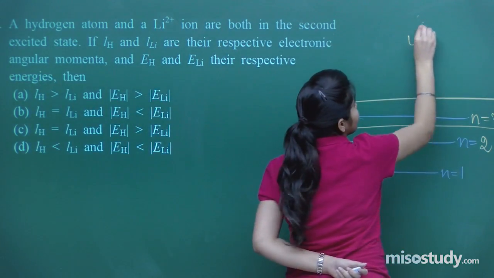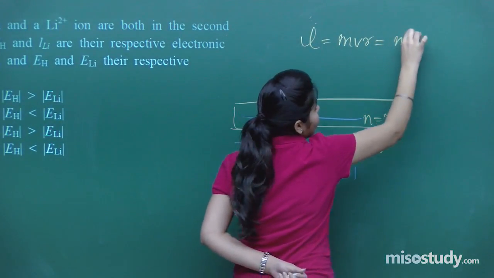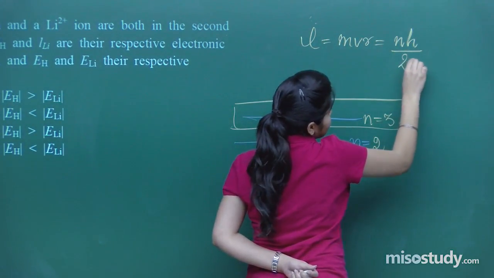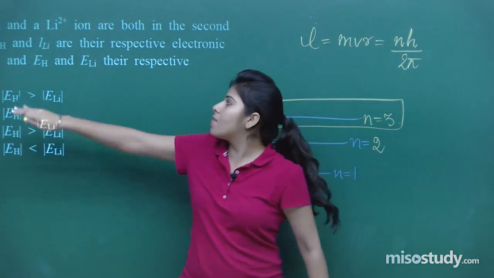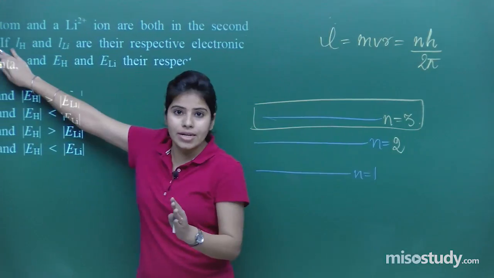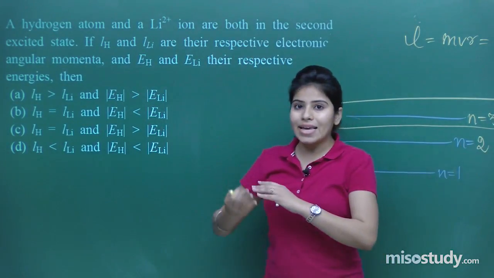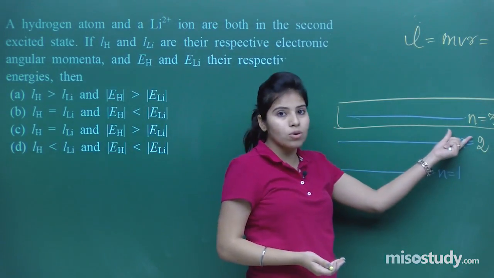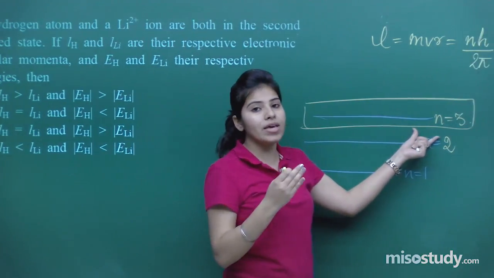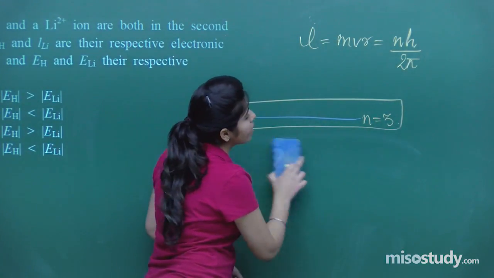Let me write over here L equals mvr, or you can write it as nh upon 2 pi, right? So in the very beginning they have cleared that your n will be 3 because they are saying that they are both in the second excited state, and from this information we have got to know that n will be equal to 3. So let me remove what is not required.